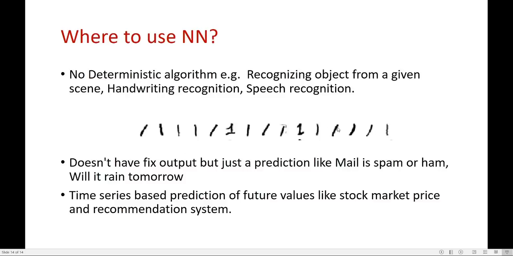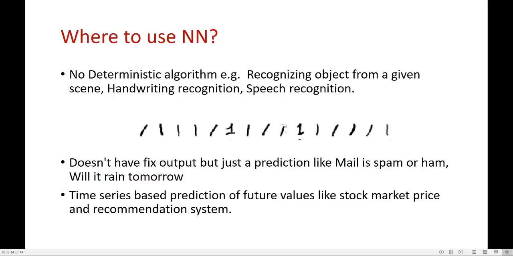So we cannot write a deterministic algorithm for each type of one. There will definitely be variations, and we are not going to write a program for identifying one for each style. So in such cases, an artificial neural network will play an important role.